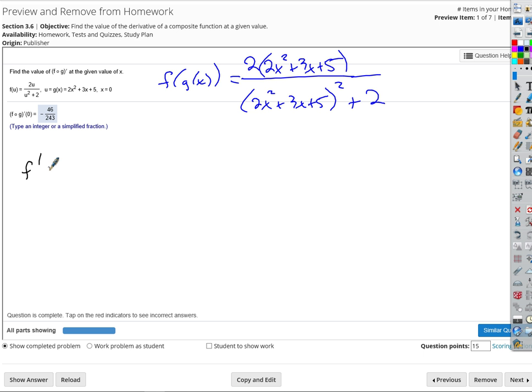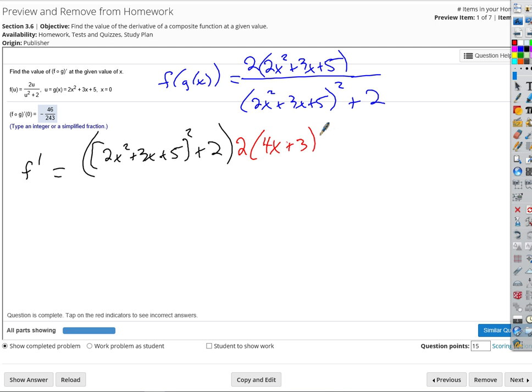So f prime is equal to the bottom times the derivative of the top, which is 2 times 4x plus 3, if I just leave that 2 out front, minus the top times the derivative of the bottom.